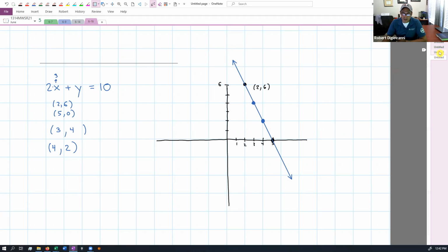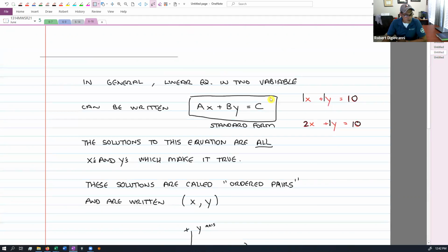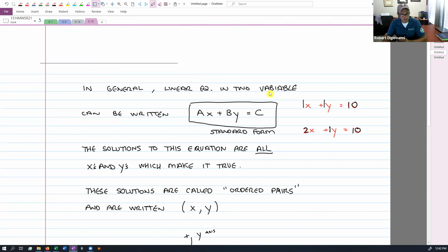Well, it shouldn't be a surprise to you. What are these equations called? What types of equations are these? Linear. We call them linear equations. Why do we call them linear equations? Because when you graph all of the answers, it forms a line, right? That's the whole idea. If you plotted all the answers to an equation that wasn't a line, then it wouldn't be a linear equation. We'll study those later.